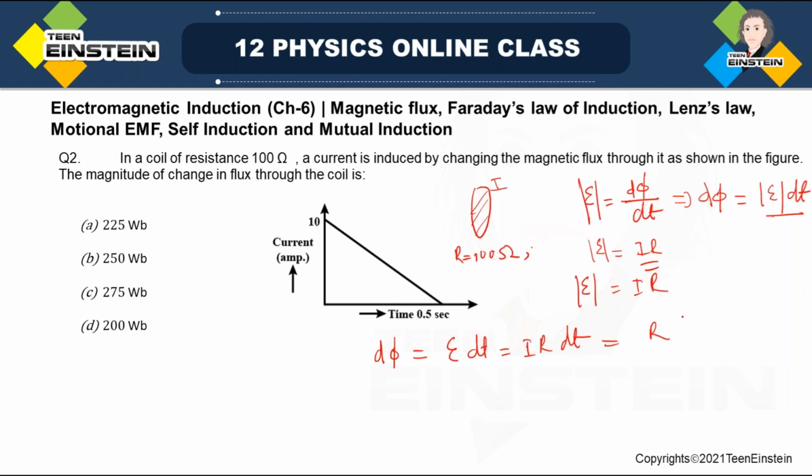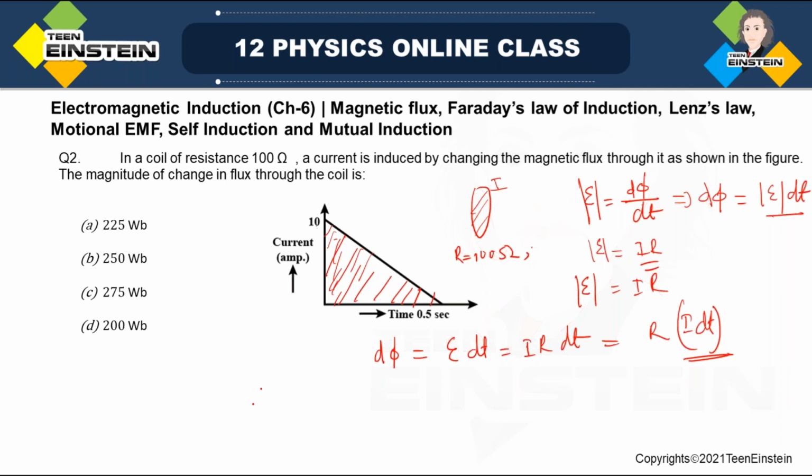But the resistance being constant, I can write this. This is a variable quantity, this is a constant quantity. So what is this I dt? I dt actually will give the area under this curve. So I dt will be the area under the curve itself.